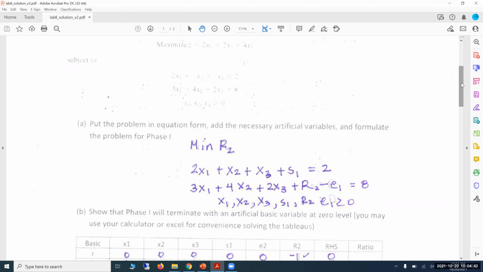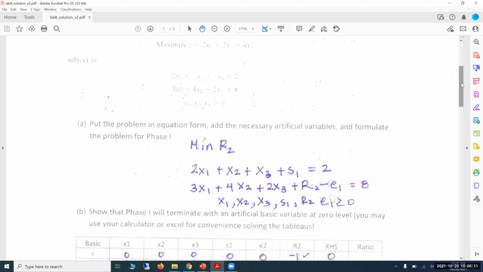Yes. The first row, shouldn't it be R2? Here? Yeah. Well, in the formulation, R2. Yes, that's when you set up the tableau, so you're not getting confused. The formulation is minimizing the artificial variable.